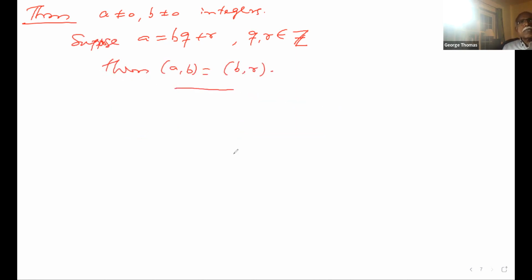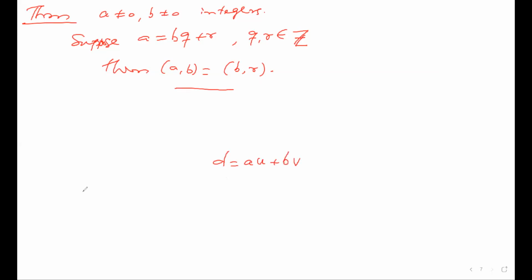Yes, question. How is the divisor equal to AX plus BY? Say that again. You wrote that the divisor is equal to AX plus BY. Why is that so? Or you mean the divisor D was AU plus BV? Yes, sir. We proved that in the last theorem.